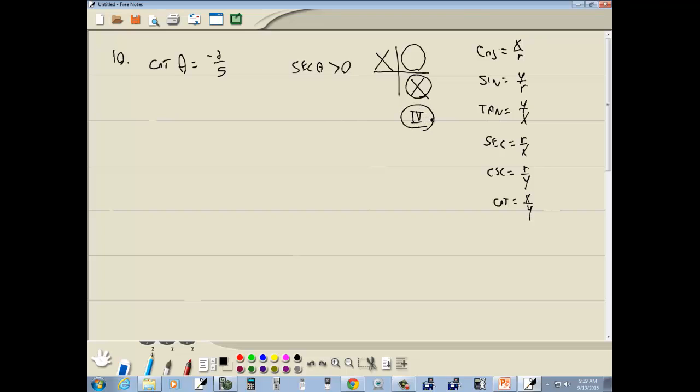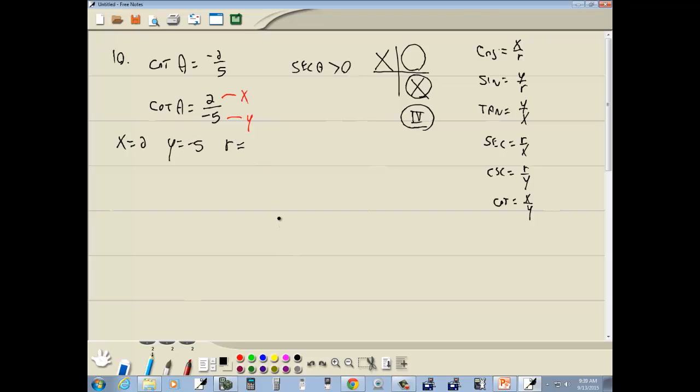In quadrant 4, cotangent is equal to x over y. So I'm going to rewrite this as cotangent is equal to 2 over negative 5. Reason why I do that is cotangent is x over y, and in quadrant 4, x has to be positive. Okay, so this is going to be x, and this will be y. For our formulas, we need 3 items.